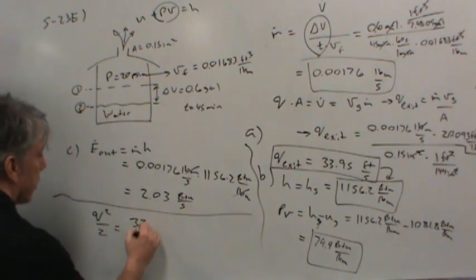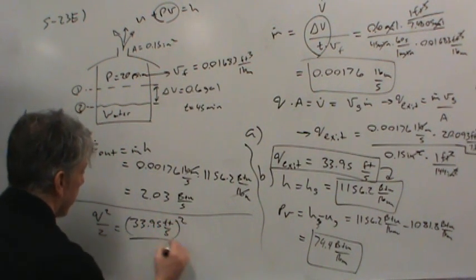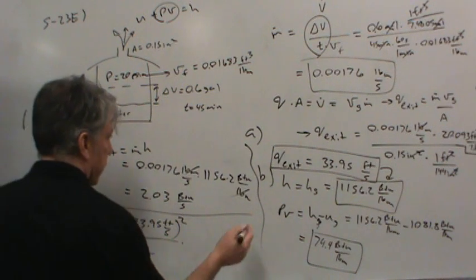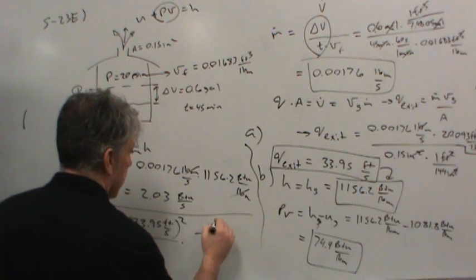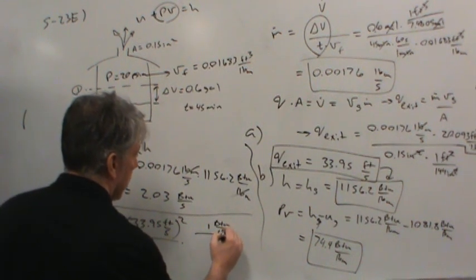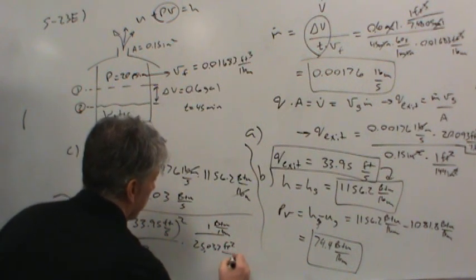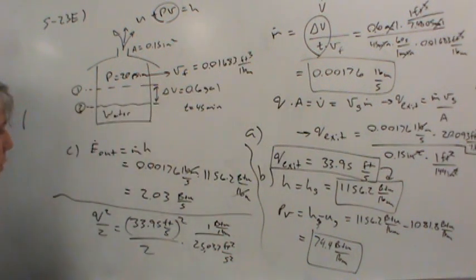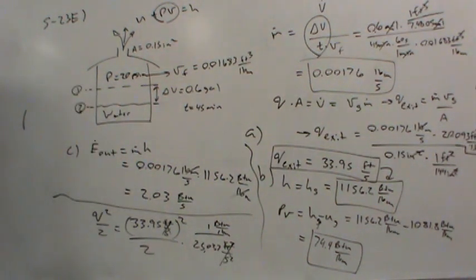So 33.95 feet per second quantity squared divided by 2, and the conversion factor, of course, would be 1 BTU per pound per 25,037 square feet per square second. Again, make sure you've got that conversion factor highlighted in the back of your book.